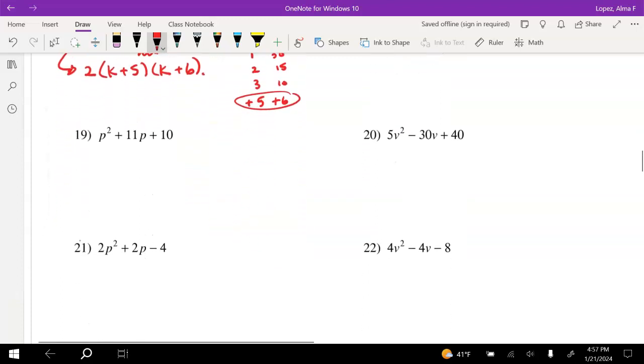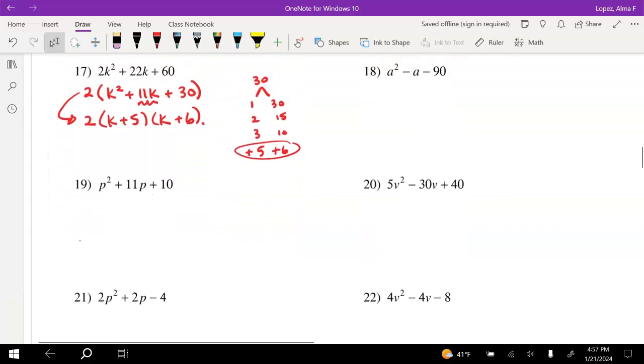Let's keep going. And again, if you need to, pause the video at any time and slow me down. I've got to get through the video, but if I didn't, I would certainly go slower. 1 and 10 and 2 and 5 are factors of 10. To make that 11p happen, I'm going to use the 1 and 10. To make them add up to a positive 11, they've both got to be positive.